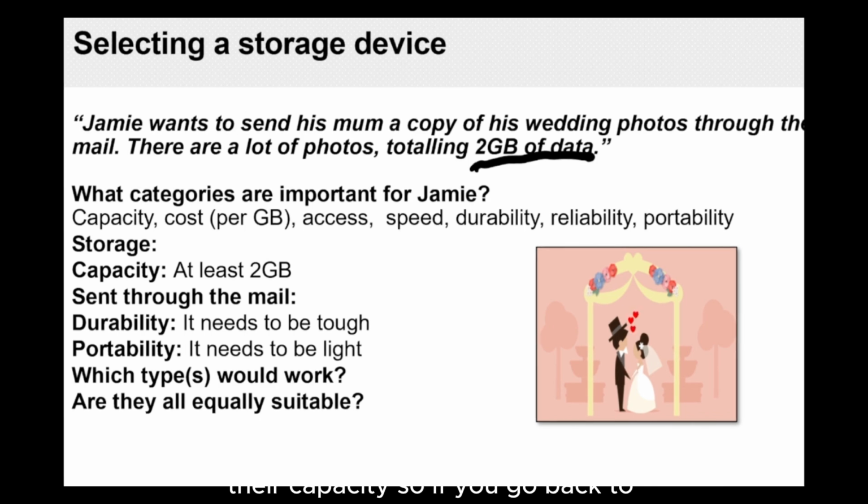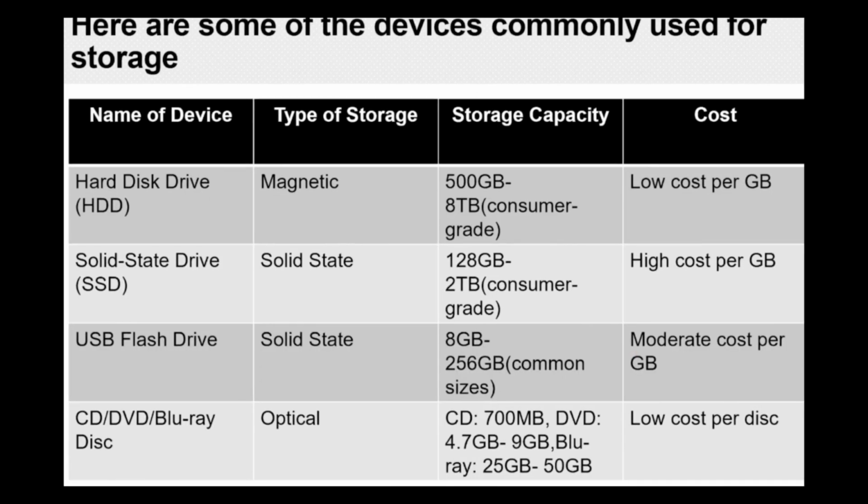So if we go back to this one, where it tells you what their storage capacity is. Obviously, nowadays the capacity is much higher, and you can look on the net for the latest capacity available to put the notes down. So that's what it is saying.